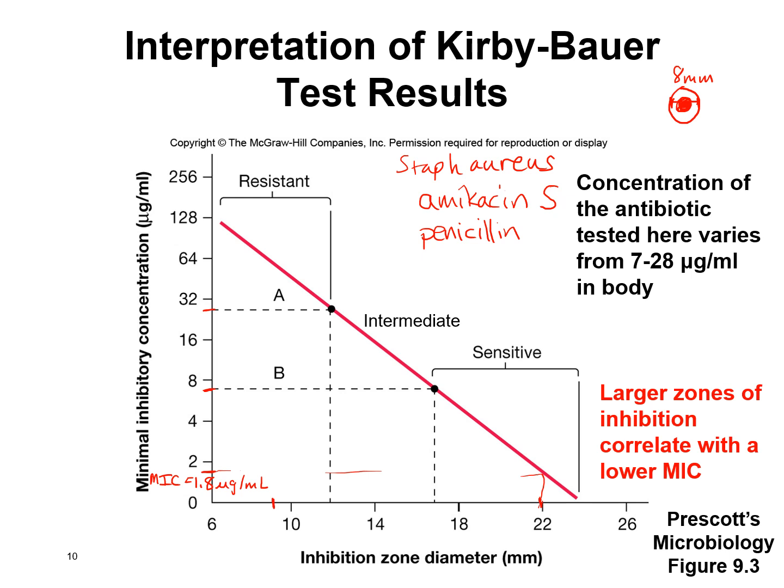But let's just say, to make it easy, that for penicillin we end up with the same level of drug in the body, which we probably wouldn't, but let's say we do.